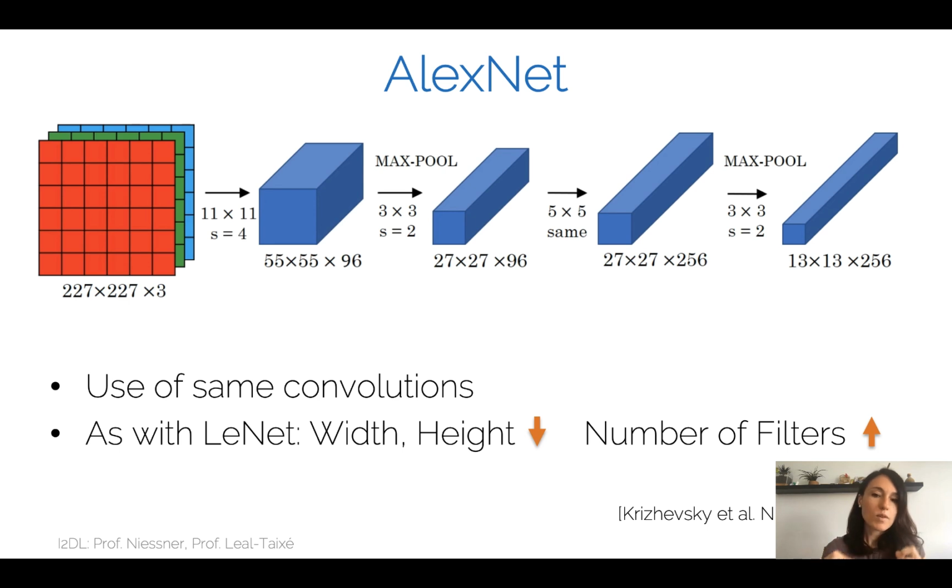And again, as with LeNet, what we're trying to get with these convolution operations and pooling is to reduce the width and the height, the spatial resolution, and to increase the depth of the activation maps that we're getting. So we started with a 227 by 227 by 3 representation and go all the way to a 13 by 13 by 256.